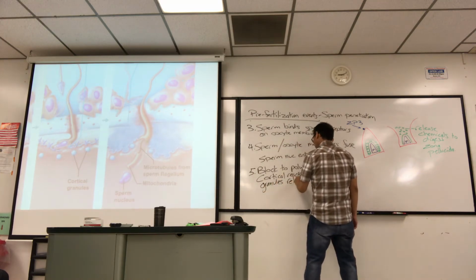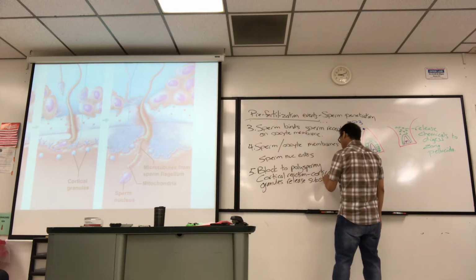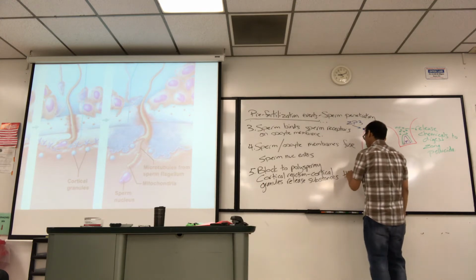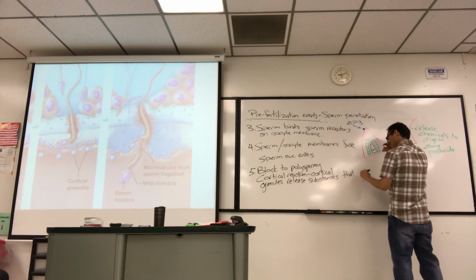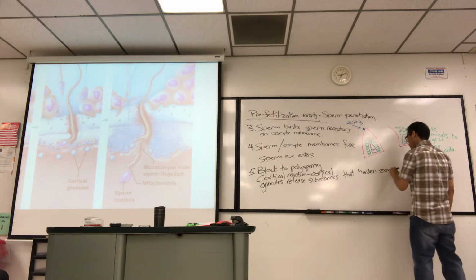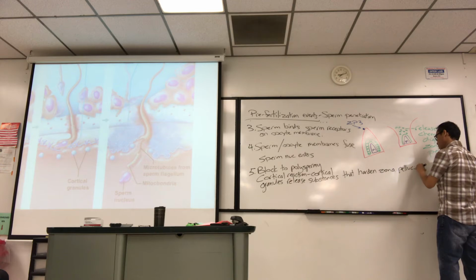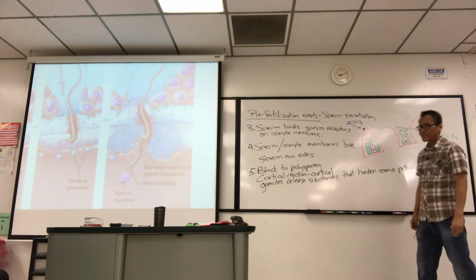Cortical granules release substances that harden zona pellucida, and clip off sperm receptors.